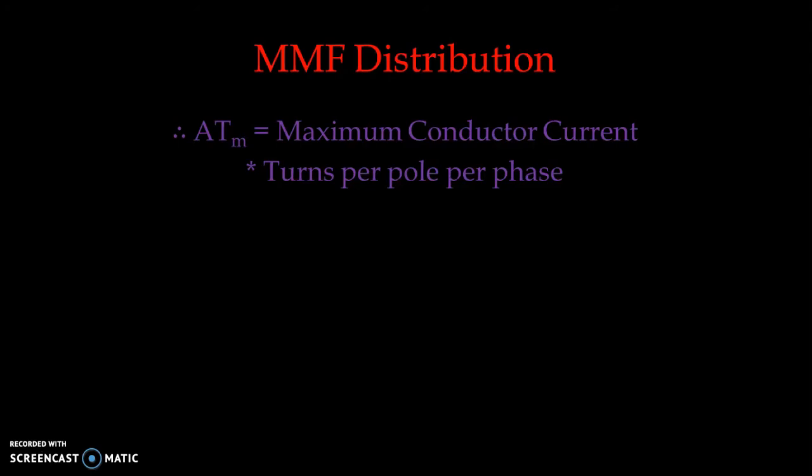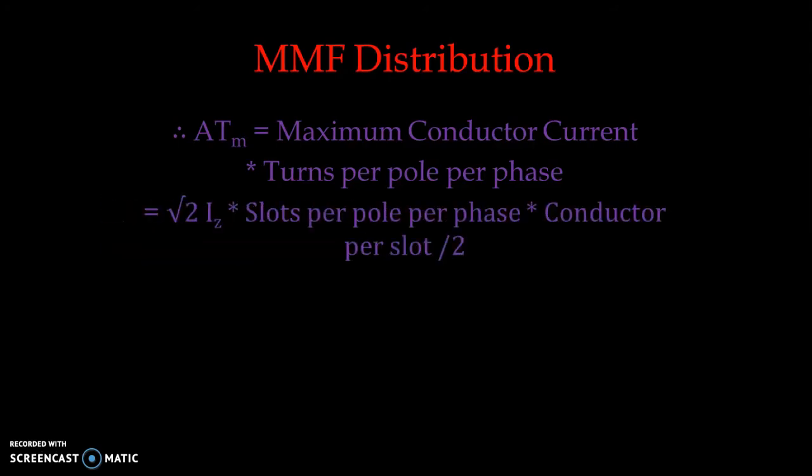We know that magnetomotive force, that is ampere turns, is nothing but a product of current as well as number of turns. So here we have taken ATM equal to maximum conductor current multiplied by number of turns per pole per phase. If we substitute the value, then root 2 Iz, that is our maximum peak current, multiplied by slots per pole per phase and multiplied by conductors per slot divided by 2, to find out the number of turns.